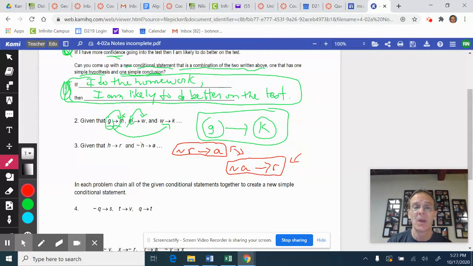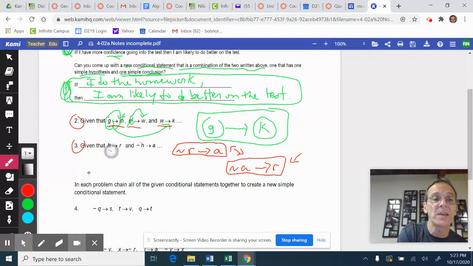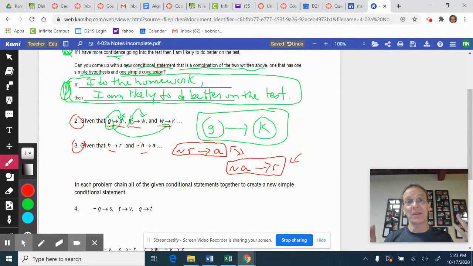So for these kinds of problems, when I'm asking you to combine multiple conditional statements into a single conditional statement, there will always be two good answers. Whatever answer anybody comes up with that is valid, the contrapositive of that answer will always be valid.